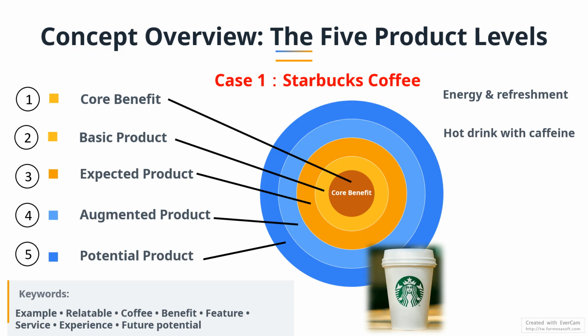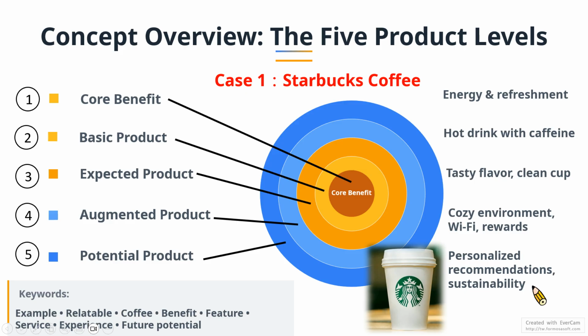Okay, and third, expected product. What is that? For the coffee, maybe it's tasty flavor, clean cup. Fourth, augmented product. For the coffee, it's a cozy environment, Wi-Fi, reserved seating.